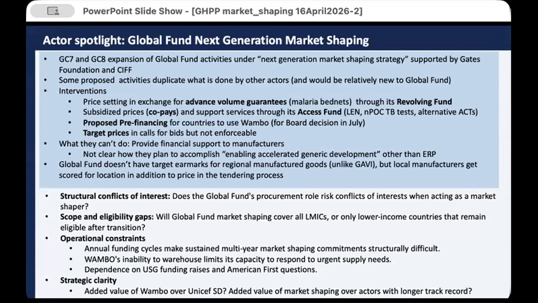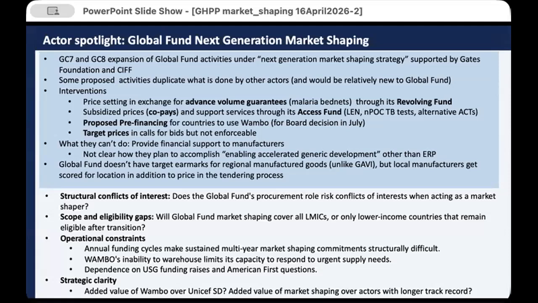Or does it include the countries that use WAMBO, or can they consider all LMICs in terms of their market shaping goals? There are also some operational constraints, and they are not the only ones that have annual funding cycles, to be sure, but that could inhibit some multi-year market shaping commitments.